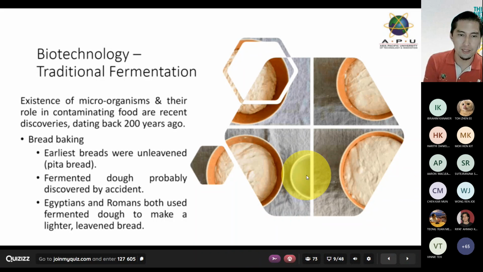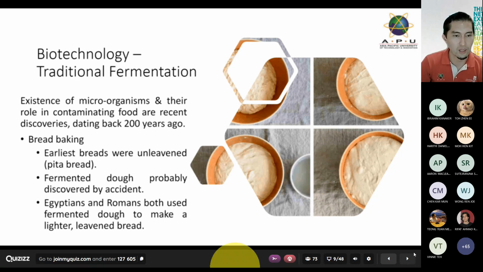Okay, so the traditional fermentation, of course, what are the types of examples that come to mind? Immediately, bread comes to mind. When it comes to fermentation, it's most popular because of this particular food. And again, bread dates back a long time ago, the earliest breads existed with the Egyptians and the Romans, who used it.